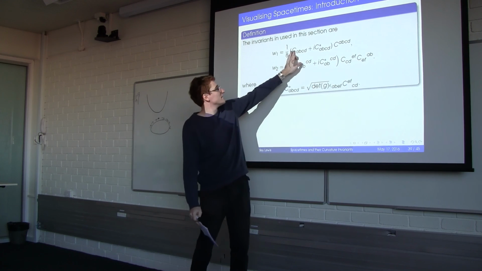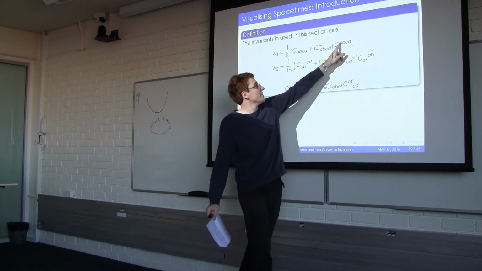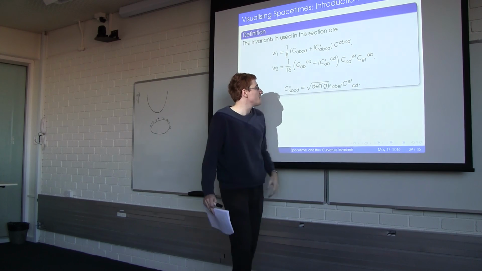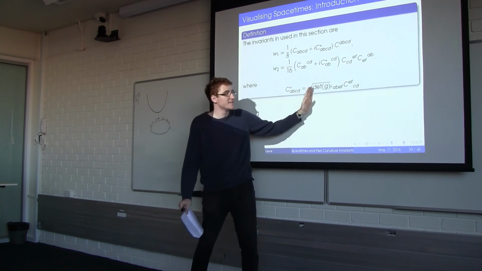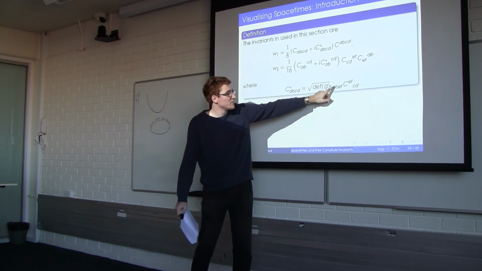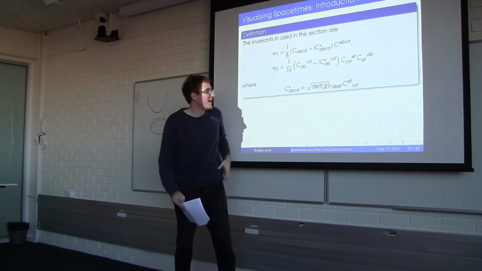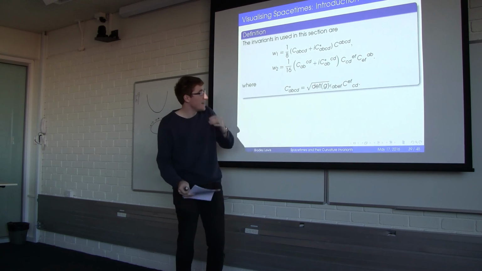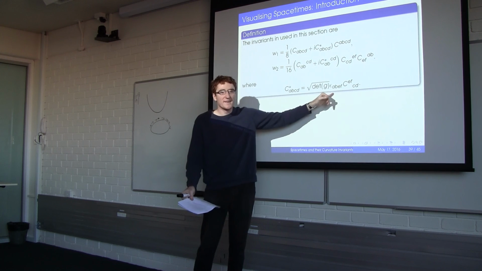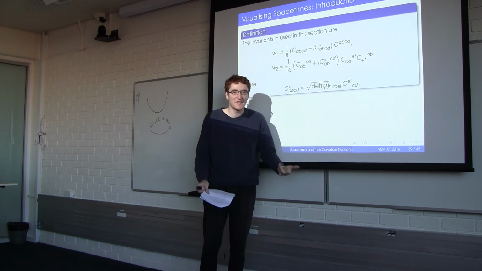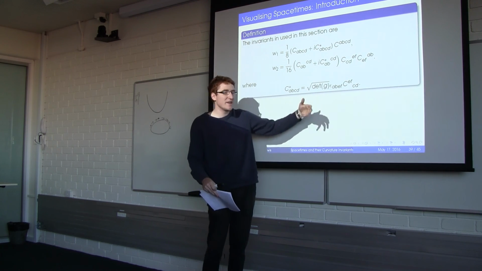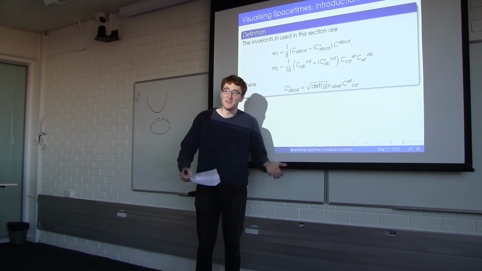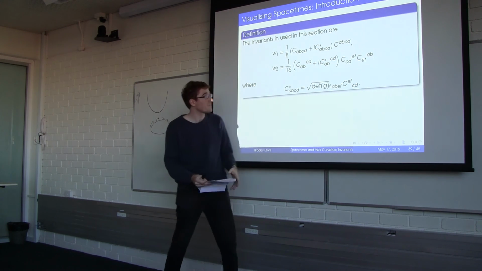We use the Weyl tensor, lower and upper, and the star just means this quantity. This epsilon ABEF is the Levi-Civita tensor, and it's 1 if ABEF is an even permutation, -1 if ABEF is an odd permutation, and 0 if you have repeated indices.